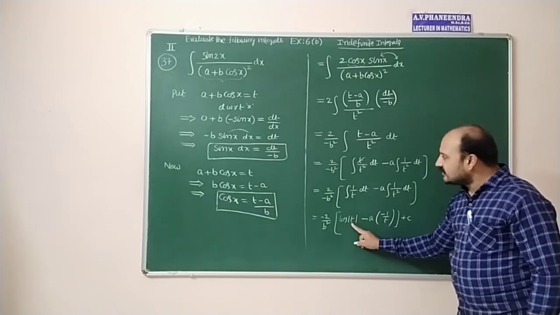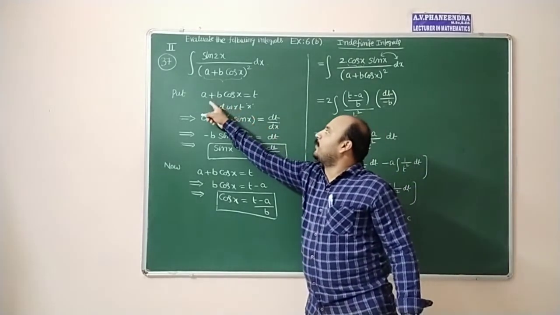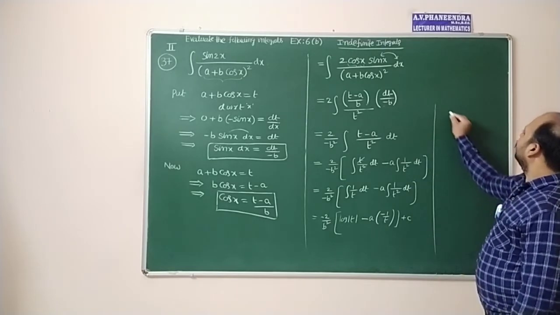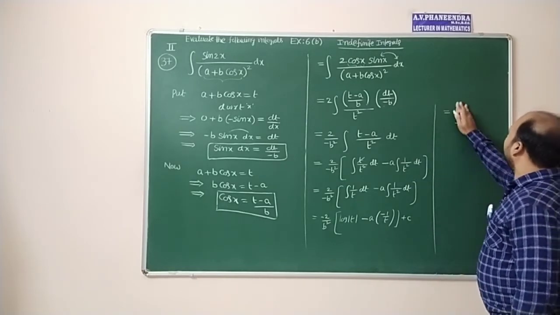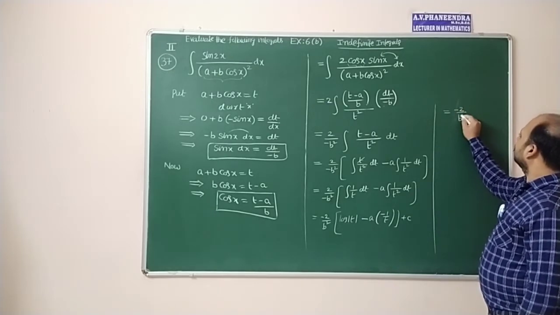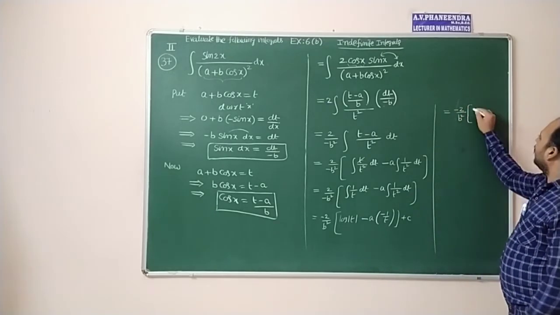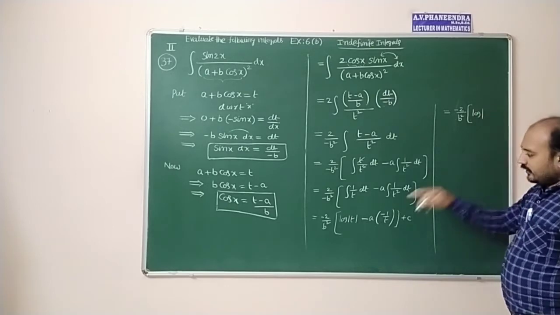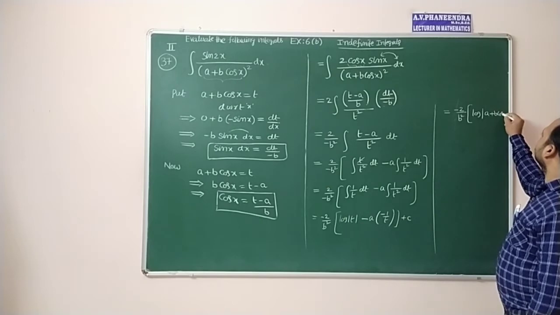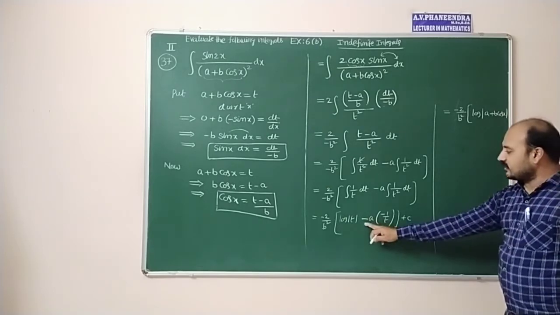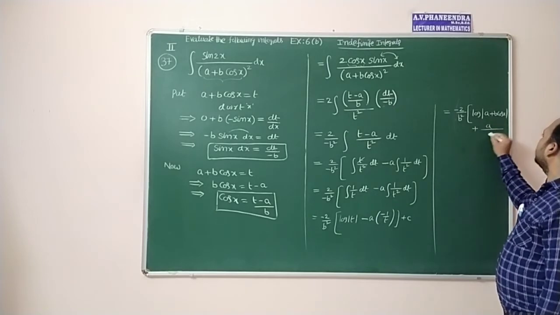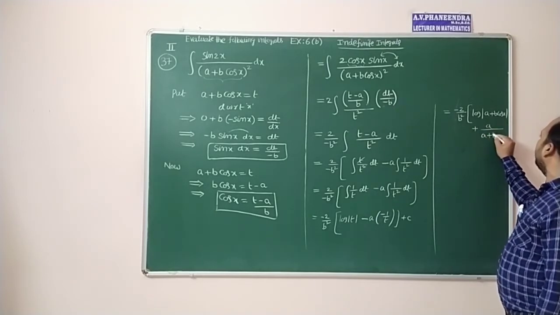Now wherever t is there, you have to replace it with a plus b cos x, which is equal to minus 2 by b square into log mod t value. T value is a plus b cos x, minus into minus is plus, a by t. T means a plus b cos x.